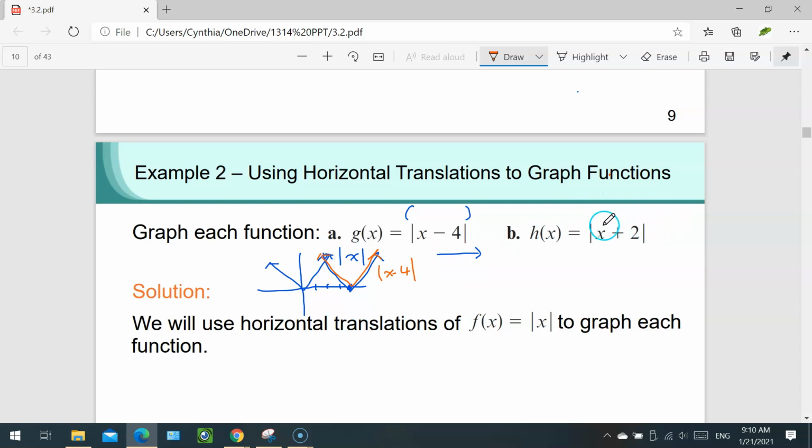We do the other one. The h function has x plus 2, and the plus 2 is inside of the absolute value. So that means it shifts to the left 2 units. The new vertex point will go left 2 units, and this will be the h of x function, the absolute value of x plus 2.